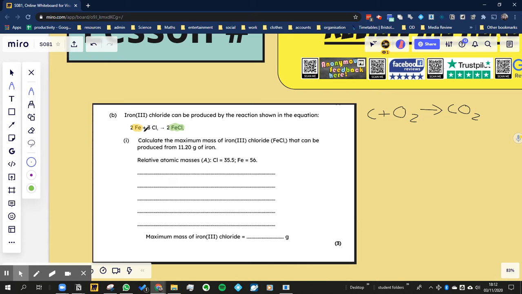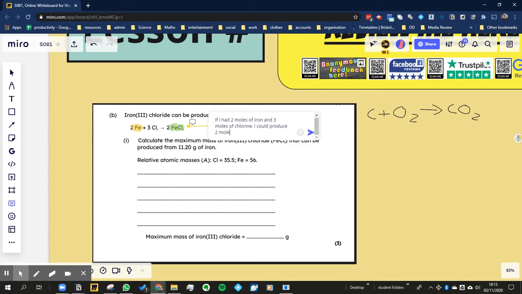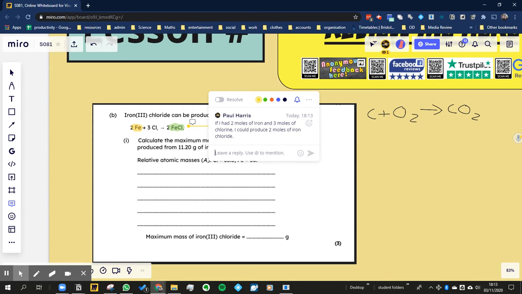So what this equation is telling me here, and I'll write it in a comment as well, is if I had 2 moles of iron and 3 moles of chlorine, I could produce 2 moles of iron chloride. That's what it's telling me.